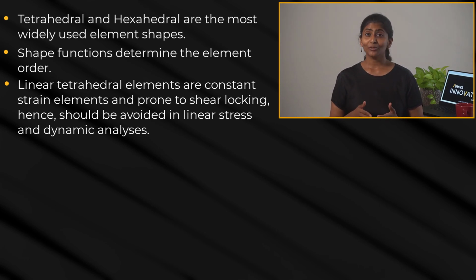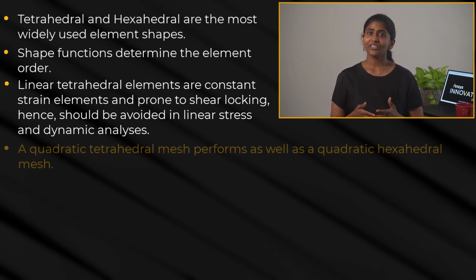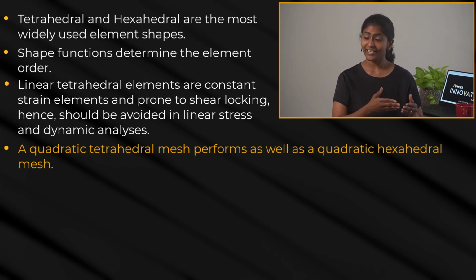Thanks to today's computing hardware and advances in solver technology, we can use second order elements without worrying about the computational costs. When it comes to second order elements, a quadratic tetrahedral mesh performs as well as a quadratic hexahedral mesh.